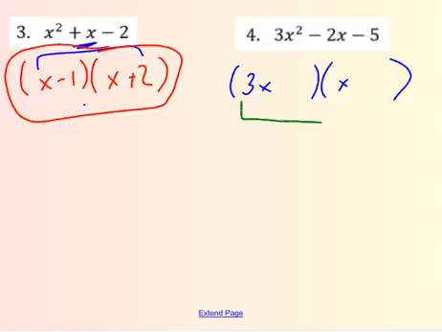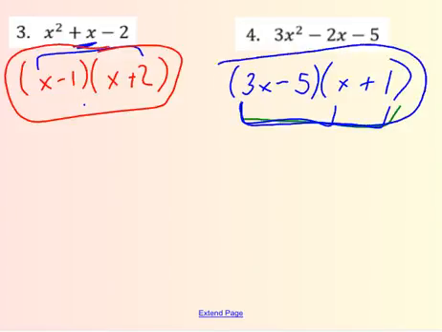Remember, we multiply this outside or whatever first. So I should figure out that I don't want to multiply 3 and 5 together. So I have to switch that. Okay? 5 and 1 would have to be like that. Now I've got to figure out the negatives. So 3x squared, and then I want it to be plus 3x, and then it would be minus 5x. So that's how I would guess and check number 4.